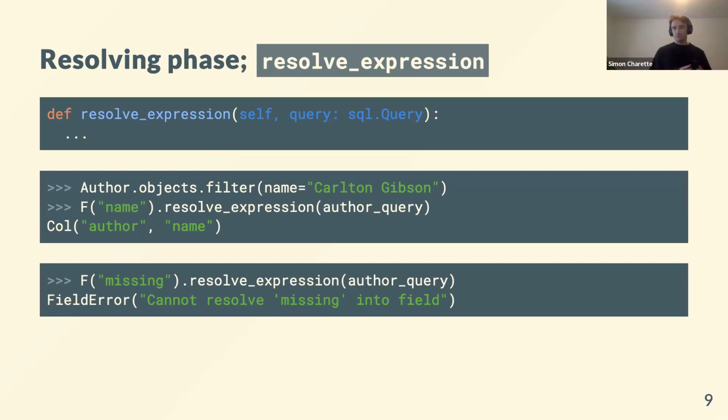The field name by itself doesn't mean much, but if you resolve it within the context of an Author, the ORM is able to map it to the actual column from the author table. So what gets returned is a Col instance. If you try to pass something that doesn't exist or doesn't make much sense in the context of Author, for example here, missing, the ORM will raise a FieldError telling you, I don't know what you mean by that. There's no missing field on the Author model or on any of its relationships.